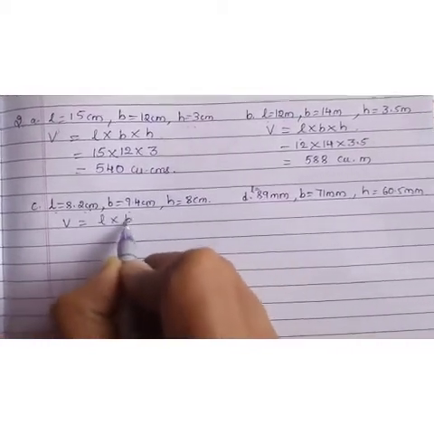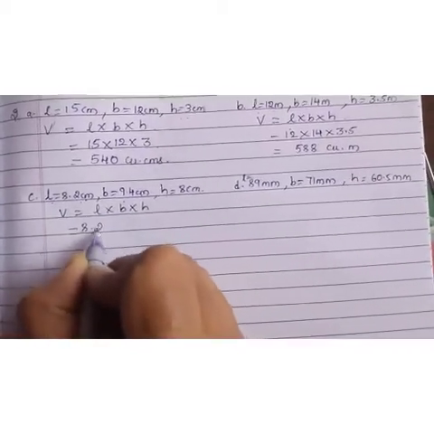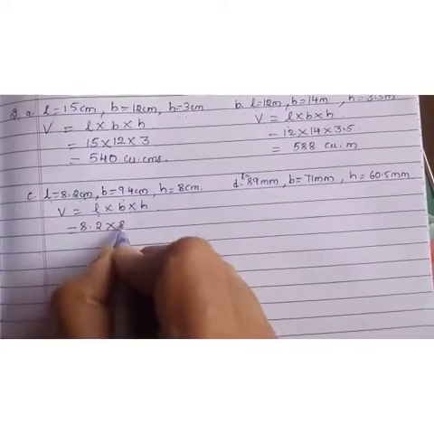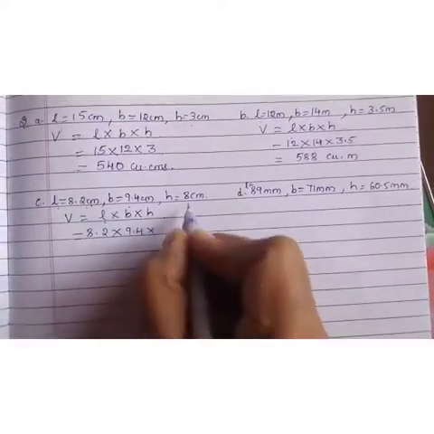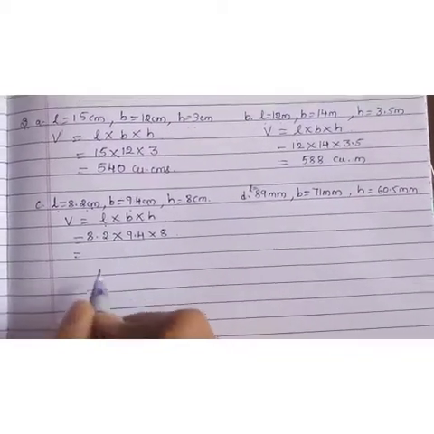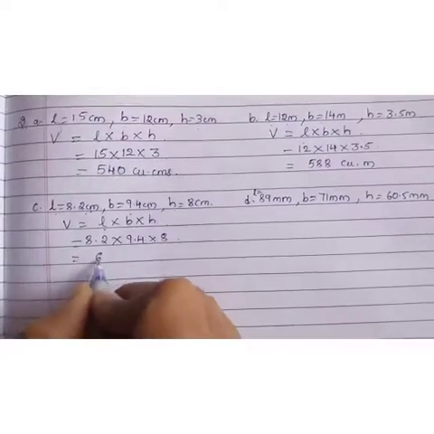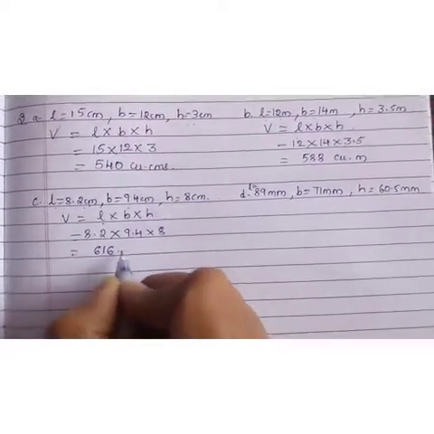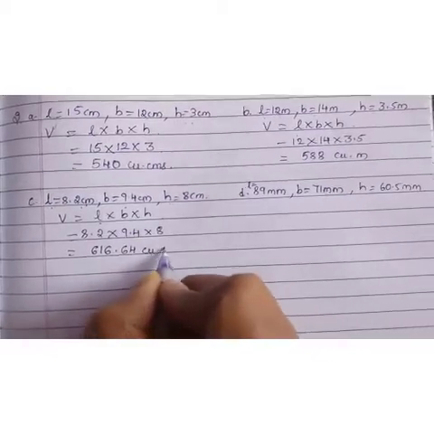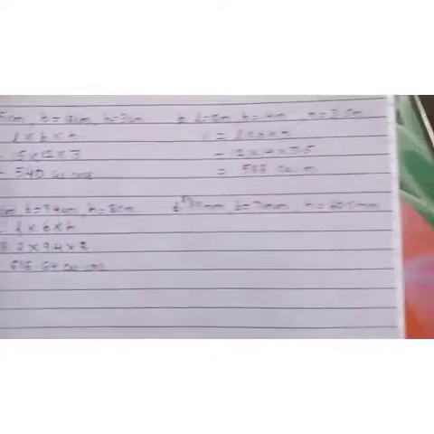Volume is equals to length into breadth into height, that is substituting the values. Length 8.2, breadth 9.4 and height is 8 centimeters. So multiply this. I have already done it. So when we multiply, we get the answer 616.64 and the unit is cubic centimeters, because we have centimeters.